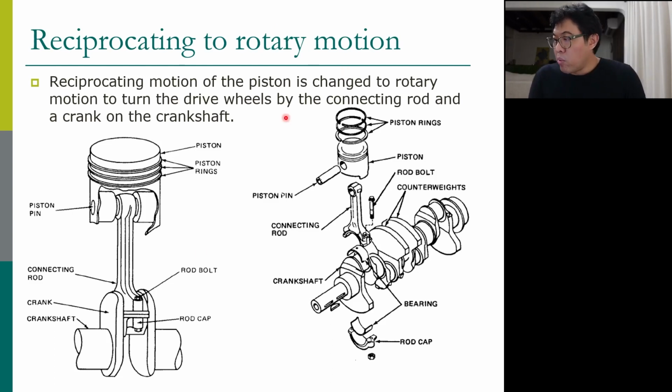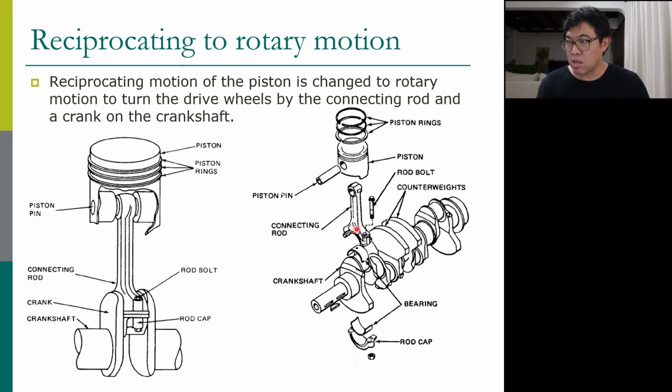So we use the connecting rod, crankshaft, and piston pin, this combination, to change reciprocating motion into rotary motion of the crankshaft. This crankshaft is the main shaft of the engine. So we install the piston pin there and the connecting rod there, so the connecting rod can rock back and forth with the piston.